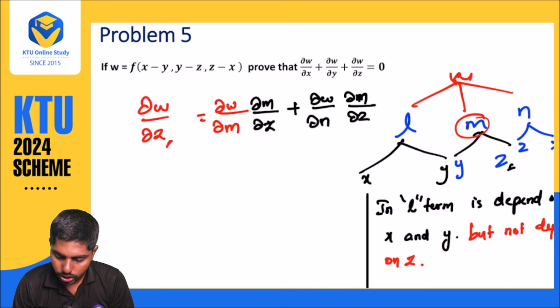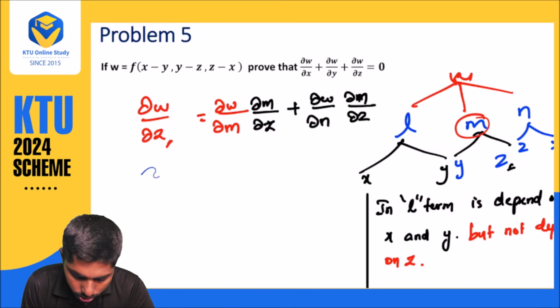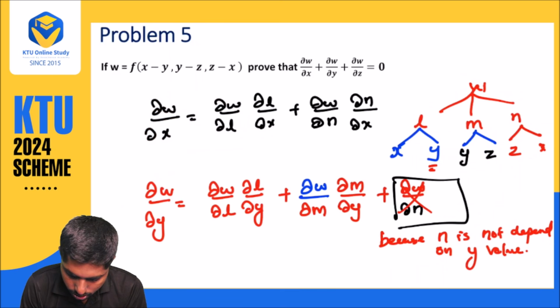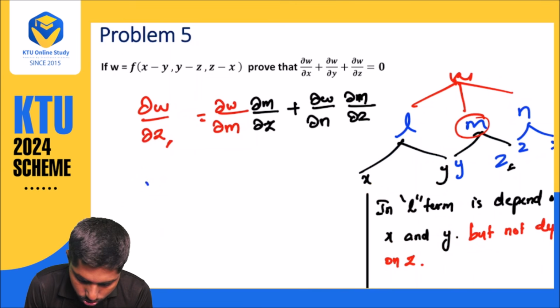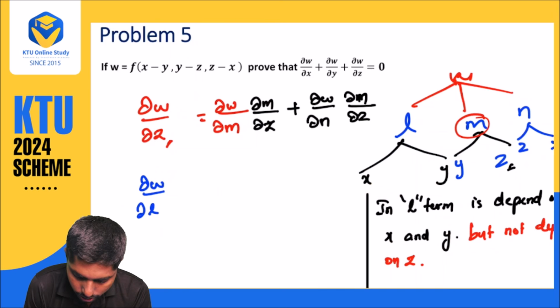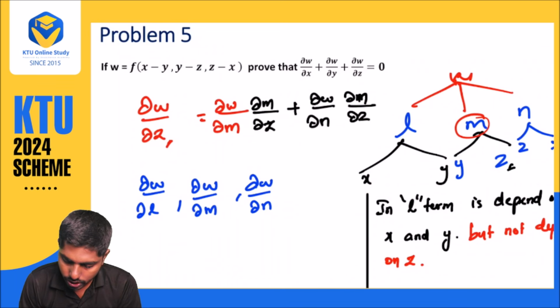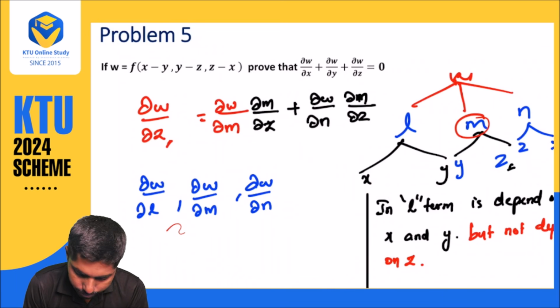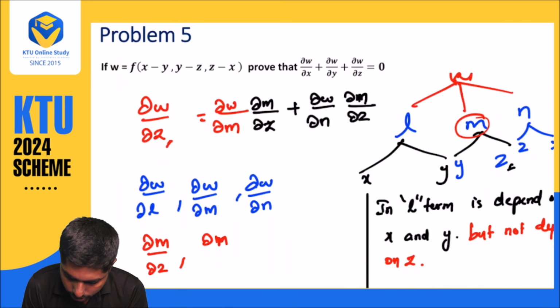So what are the things we want to identify? Just calculate it. That is dou w by dou l, dou w by dou m, dou w by dou n. Then we also want to identify from here dou m by dou z, dou n by dou z.